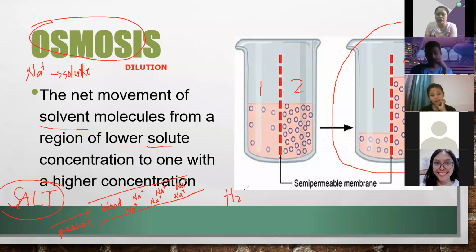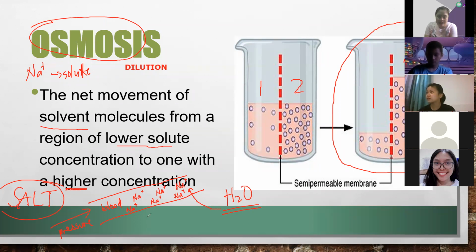Meaning, yung water natin sa body, our universal solvent, marami tayong water sa body, mag-move yan siya. So, saan siya pupunta? Since marami ang solute dyan, higher concentration yung solute dyan sa blood, yung water from the other parts of our body, from our cells, mag-move and mapupunta sa blood.